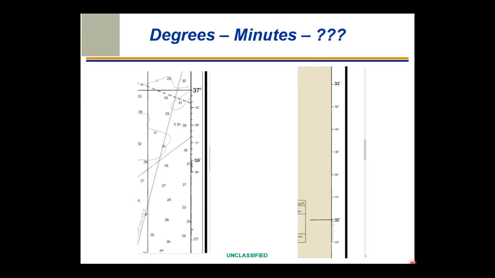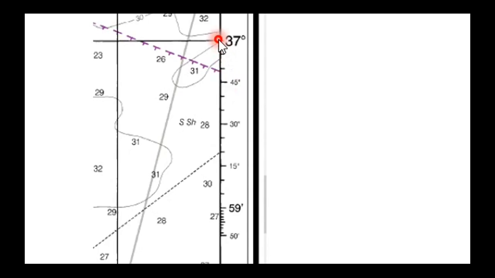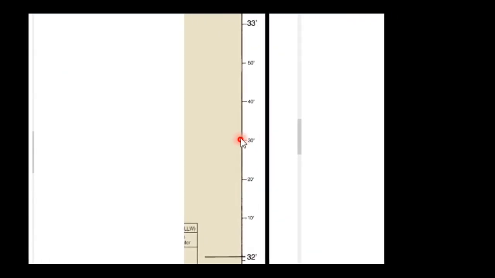Some charts are only designed to be used as degrees, minutes, seconds. This chart here on the left, we see that there are actually 1, 2, 3, 4, 5, 6, 7, 8, 9, 10, 11, 12 ticks between each minute of latitude. And it would be the same for longitude. This chart, we have 1, 2, 3, 4, 5, 6 ticks between each minute of latitude or longitude.